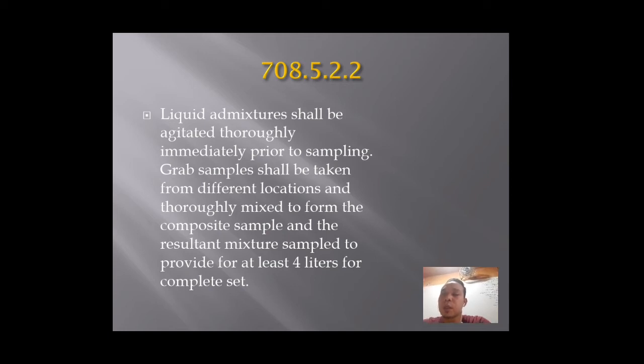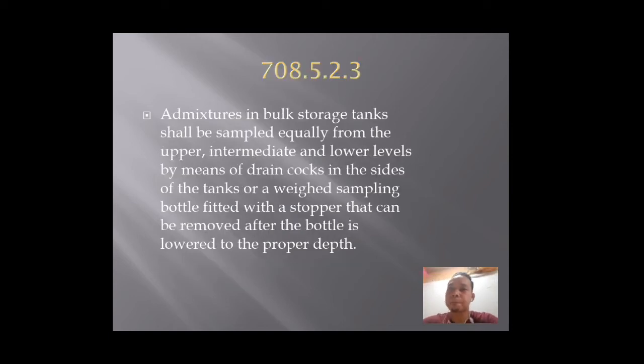708.5.2.2 states that liquid admixture shall be agitated thoroughly immediately prior to sampling. Grab samples shall be taken from different locations and thoroughly mixed to form a composite sample, and the resulting mixture shall be sampled to provide at least 4 liters for a complete set.